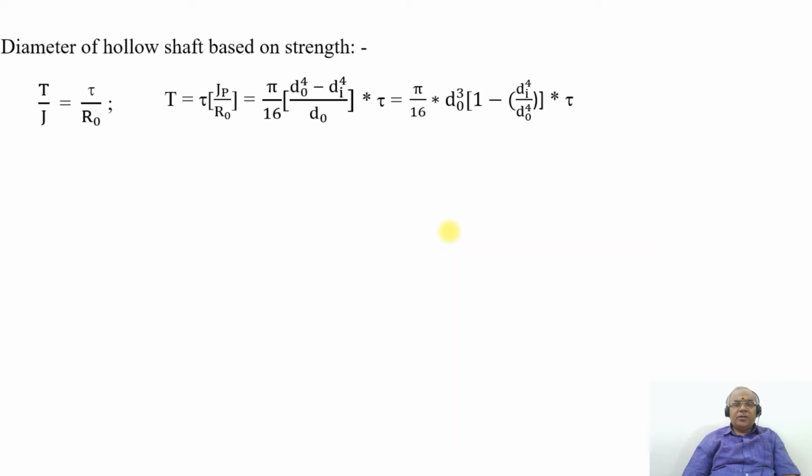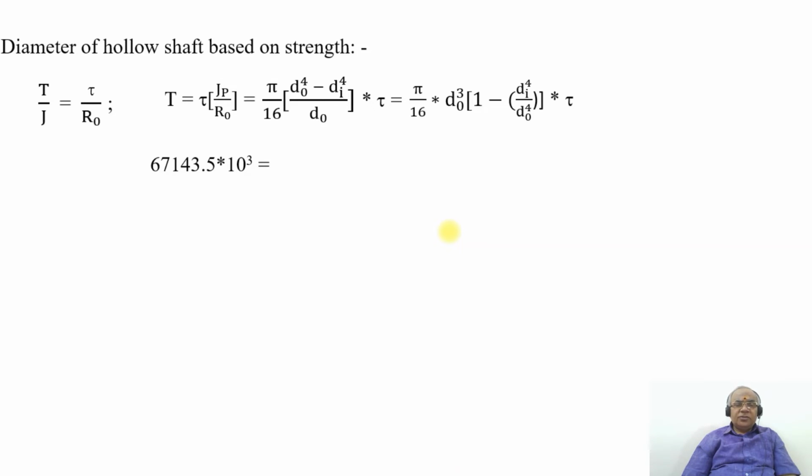Taking the common factor d naught to the power of 4 into 1 minus di by d naught whole to the power of 4, divided by d naught, d naught gets cancelled, giving pi by 16 into d naught cube into 1 minus di by d naught whole to the power of 4 into tau.